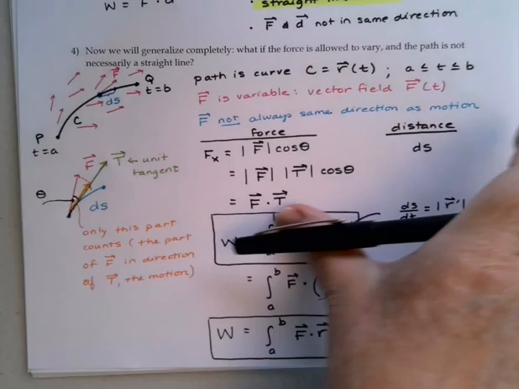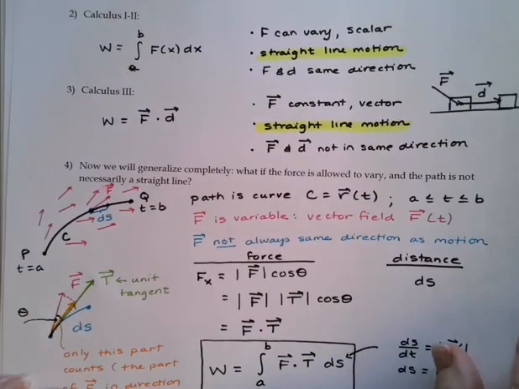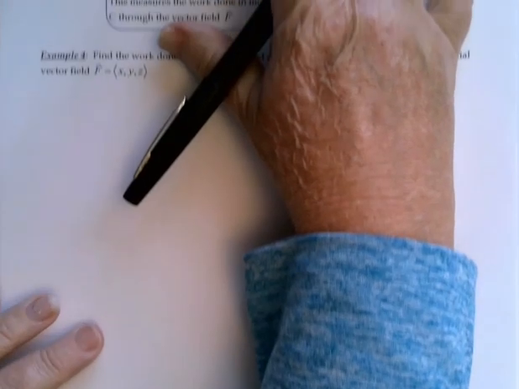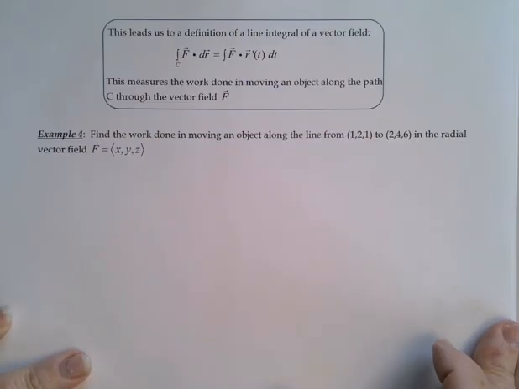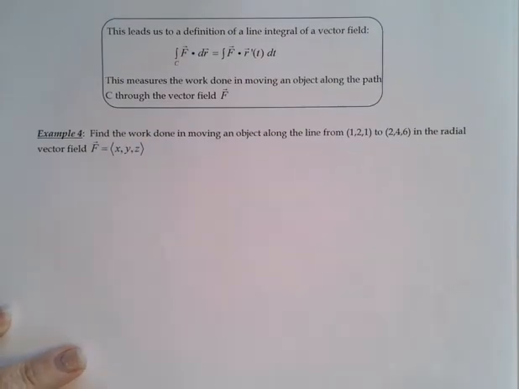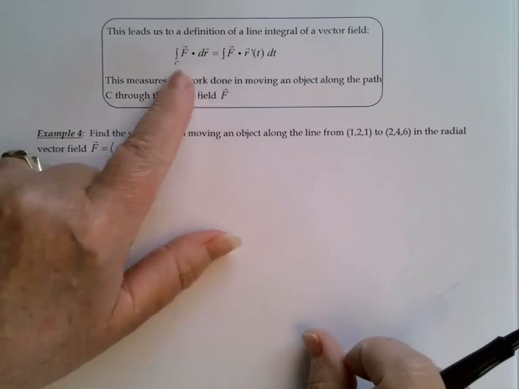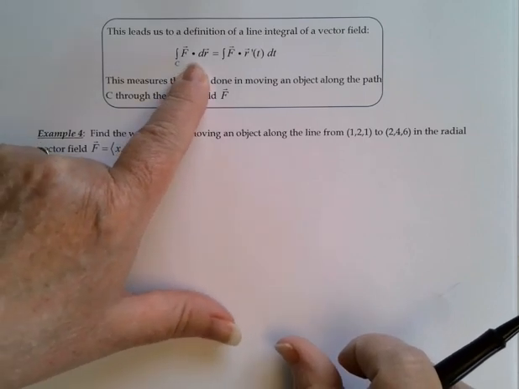All right, that's summarized for us in the next page, and we'll look at a couple of examples. By the way, in this box, there's one other kind of important thing here. This is just an alternative notation. You'll see it a lot.